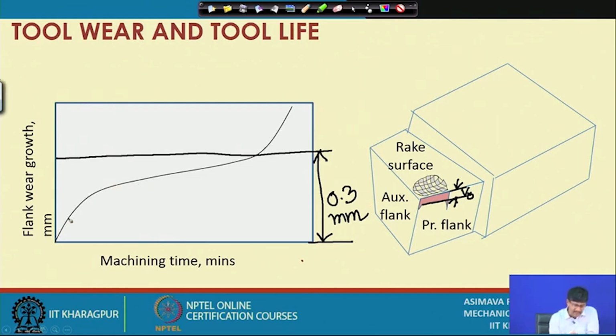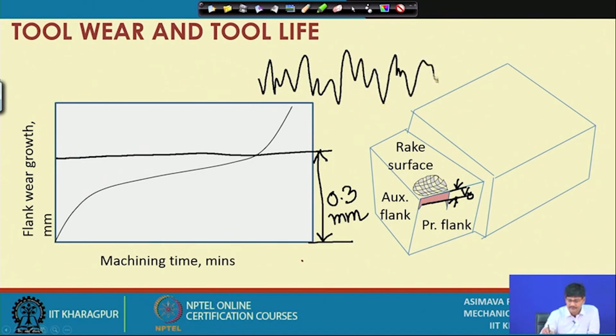Flank wear, in the beginning it grows. When wear is setting in, there are lots of ups and downs on the surface. The surface at the microstructural level will show lots of ups and downs.